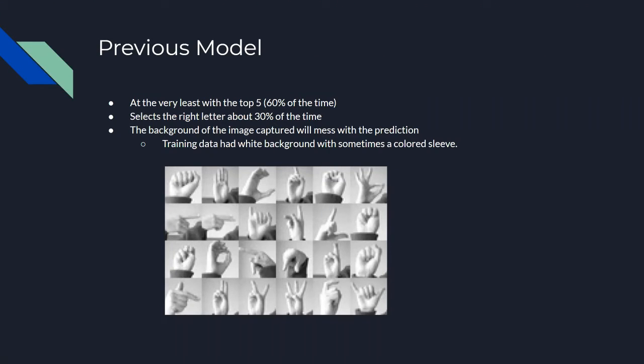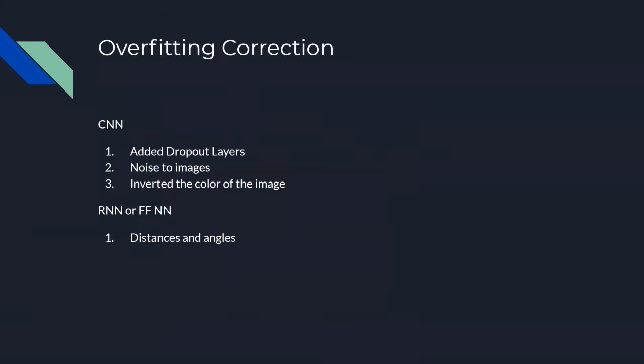Those would typically be pretty obvious letters like L, W and V, as they're fairly unique. But letters like A, M, N, and S are very similar to each other, so it's hard to actually predict which one's which.